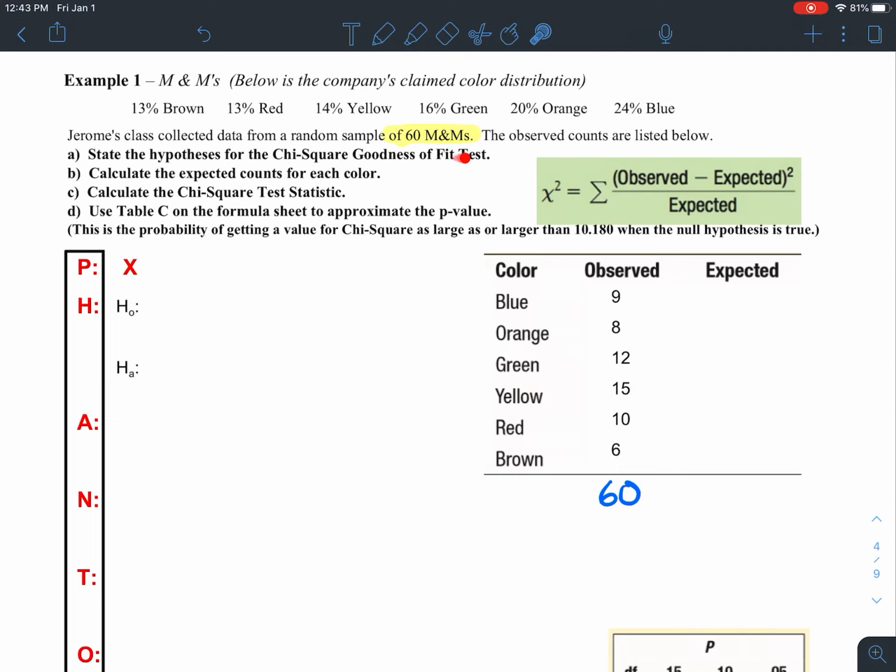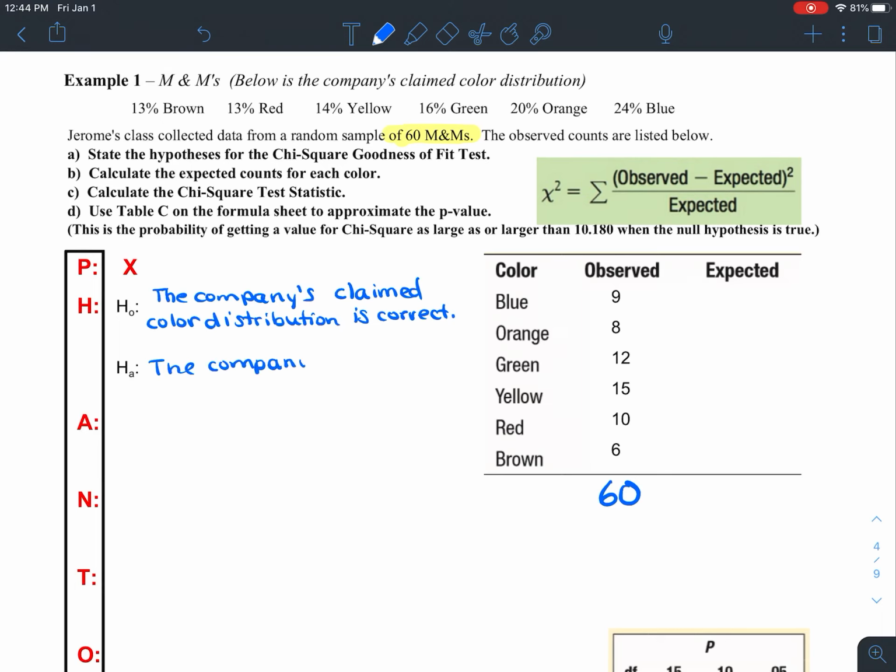So we're going to start out, we're going to state the hypotheses for this chi-square goodness of fit test, which is what the H is set up for. H sub 0 would just be us saying that the company's claimed color distribution is correct. We can see what that is up above here in the problem.